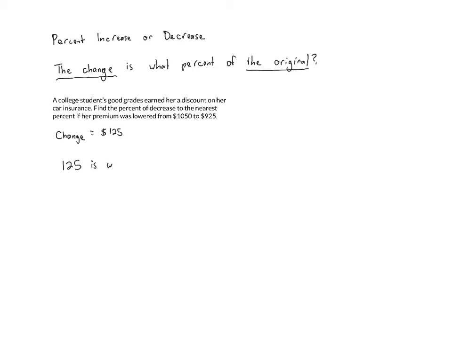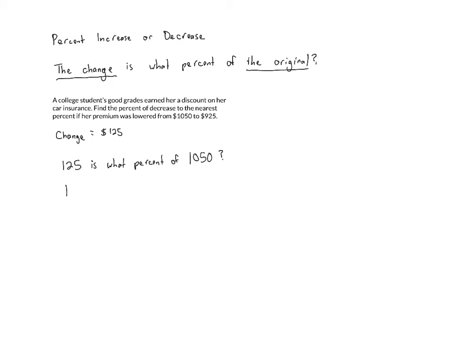And we're asking, this is what percent of what was the original premium? Well, it was lowered from 1,050 to 925. So originally it was 1,050. So that is what has to go here. So we're asking ourselves, 125 is what percent of 1,050.